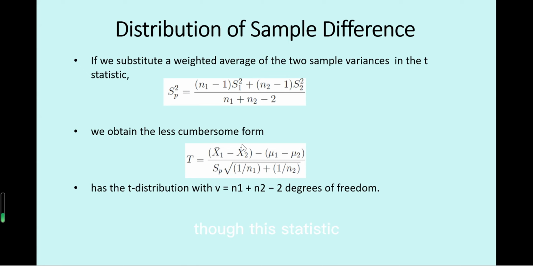So this statistic has a t-distribution with n1 plus n2 minus 2 degrees of freedom.